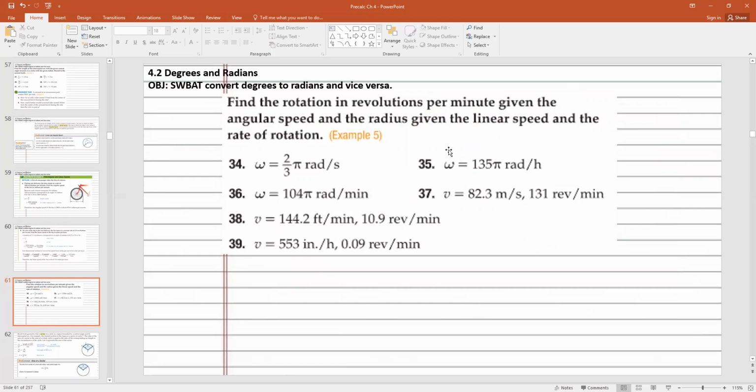All right. So here, for this one, let's do 34.